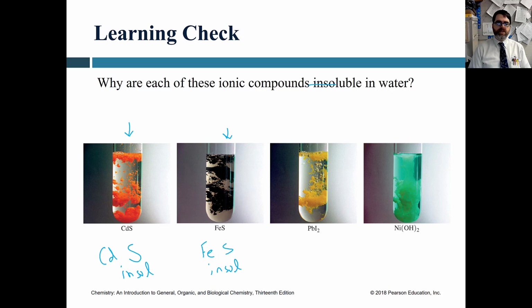So we know they're all insoluble, so we're going through why, but the fact that we have these solids floating around inside the liquid tells us that we've produced an insoluble compound. This one here is lead iodide. Well, its iodine is normally soluble, but when it's combined with the heavy metal ion, the lead there, it makes it insoluble, and you end up with the same thing here, that the hydroxide, I'd go as far as saying it's usually soluble, but when bonded with the heavy metal, that makes it insoluble.